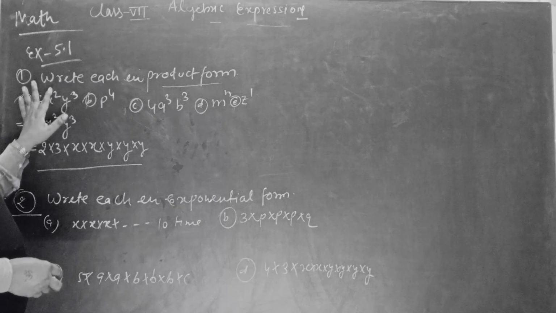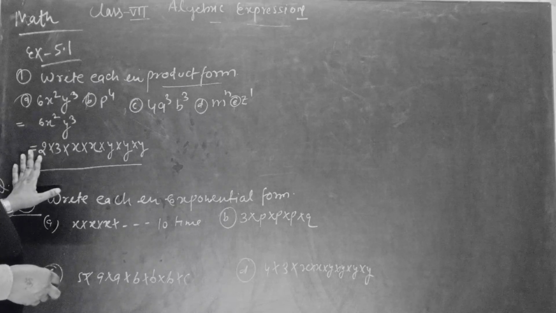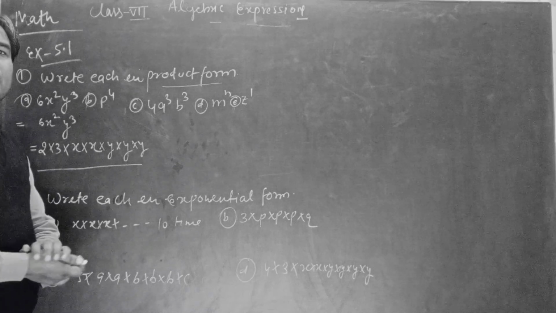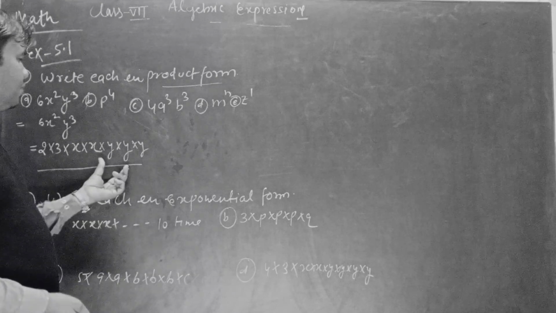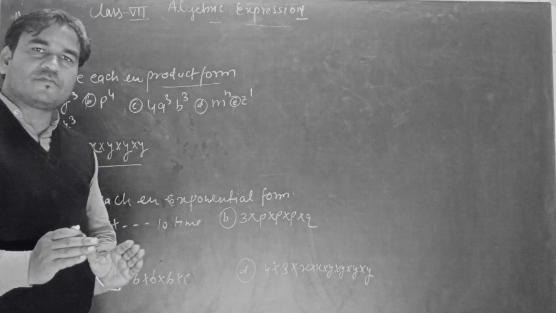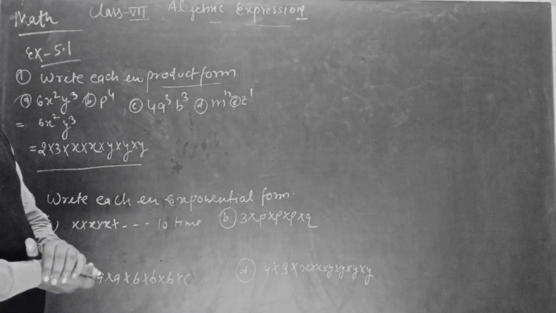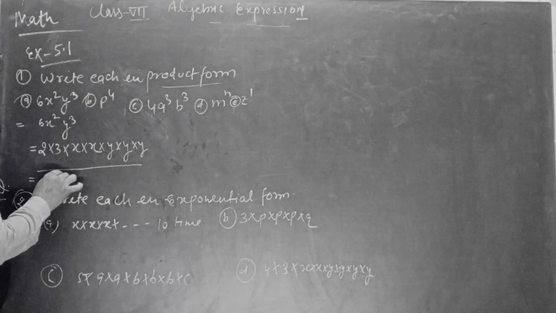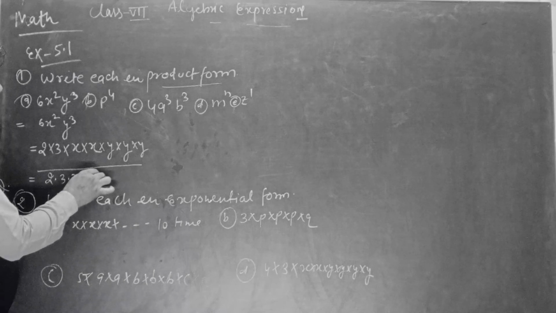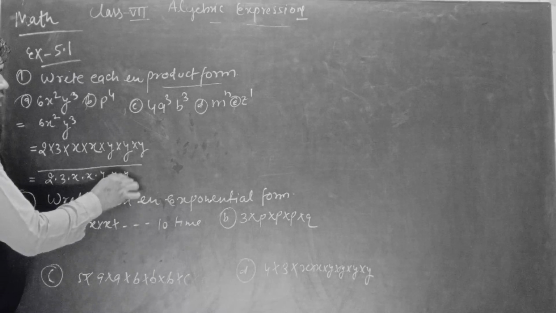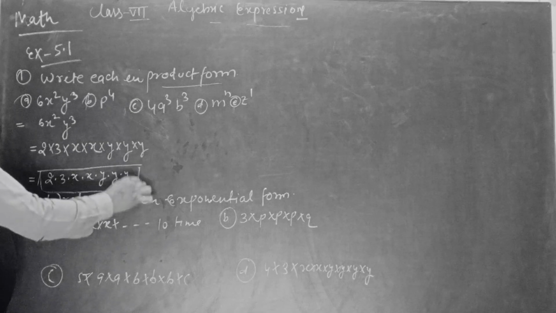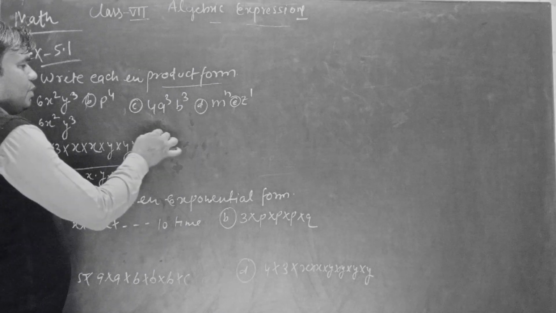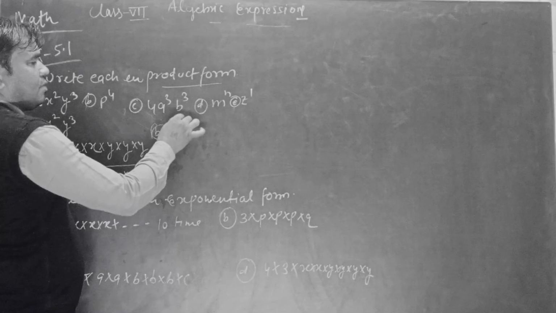So 6x square y cube, we can write as 2 multiplied by 3 multiplied by x multiplied by x multiplied by y multiplied by y multiplied by y. Sometimes you can put a dot mark for the multiplication mark. So here we can also write 2 dot 3 dot x dot x dot y dot y dot y. Now this is the B part, p power 4.